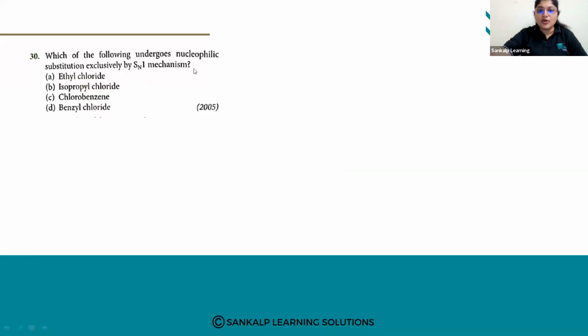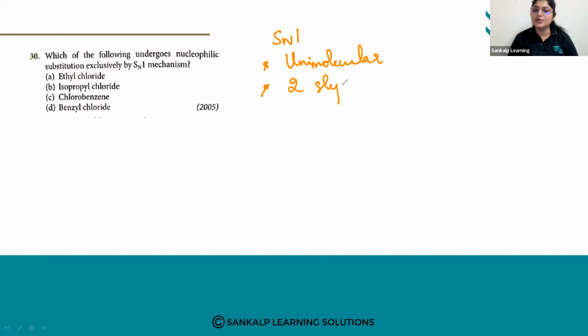Which of the following undergoes nucleophilic substitution exclusively by SN1 mechanism? What do you mean by SN1 mechanism? SN1 is a unimolecular reaction. It goes via 2 steps.